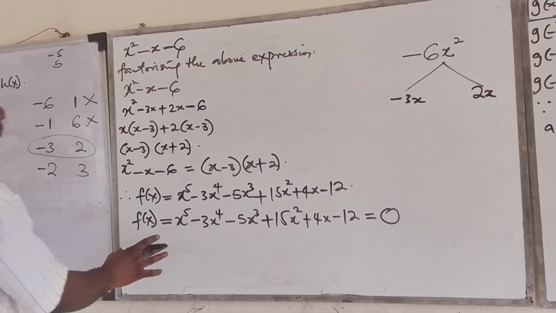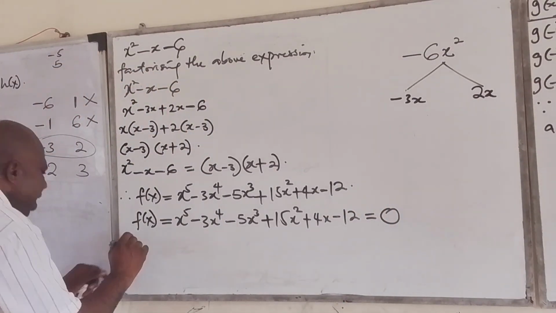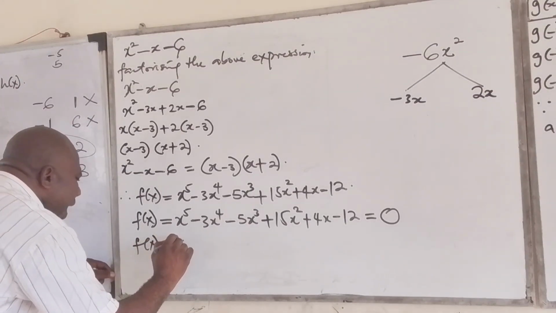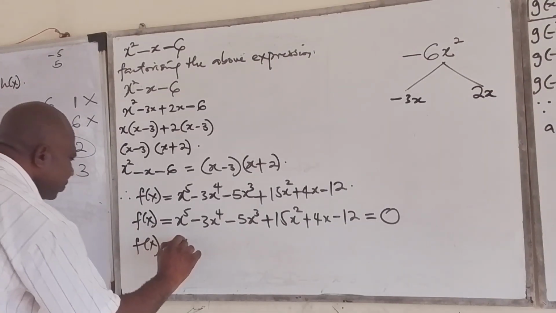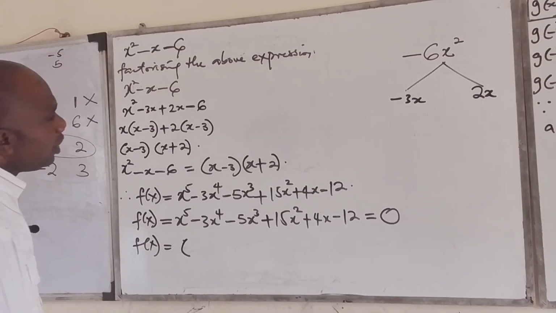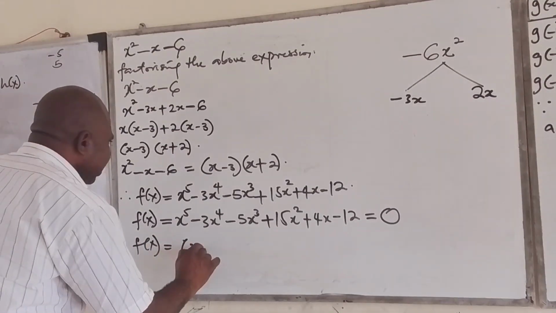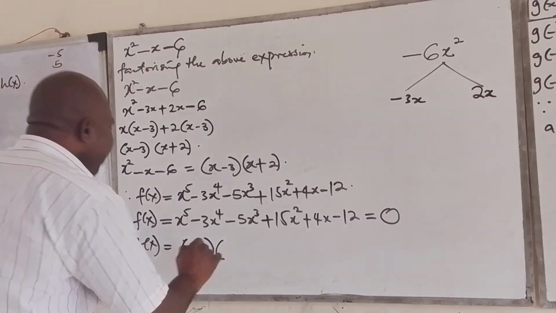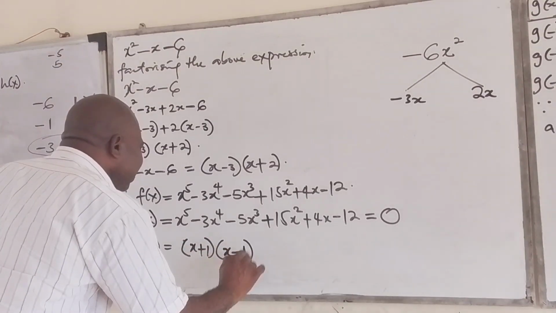And now remember all the factors of f of x. Remember we said f of x is equal to, we have x plus 1. We started with x plus 1. We have x minus 1.